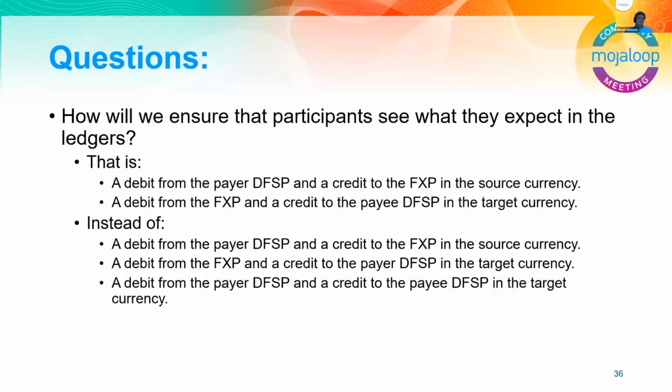So we actually see the currency conversion between the payer DFSP and the FXP in the form of a pair of transfers, one in the source currency, one in the target currency, and then the transfer of funds itself takes place simply in the target currency.